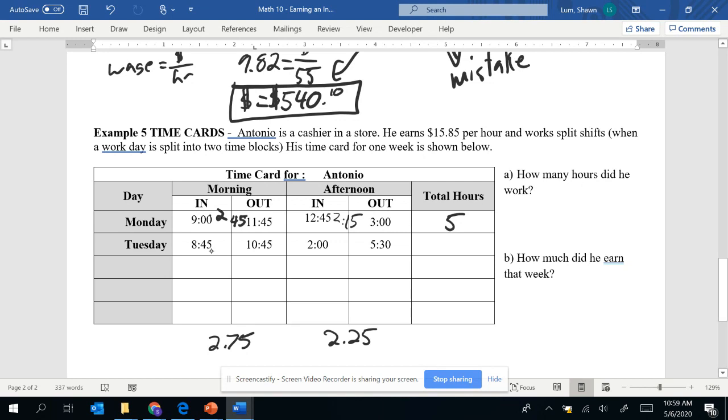Now, we'll see something right here. This is going to be 8:45 to 10:45. That's going to be 2 hours. And this is going to be from 2 to 5:30. That's going to be 3 hours and 30 minutes.